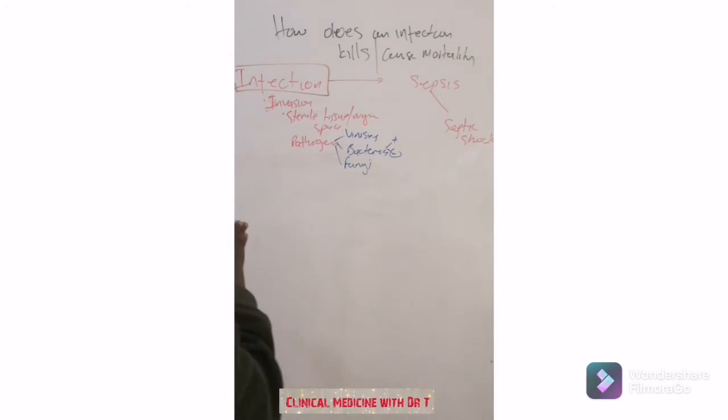So we've got an infection, and we're trying to answer the question, how does an infection actually kill? And this is broad, because I'm not focusing on a specific type of infection. I'm not talking about UTI, septic arthritis, meningitis, a foot ulcer, or even a surgical wound that has become septic.